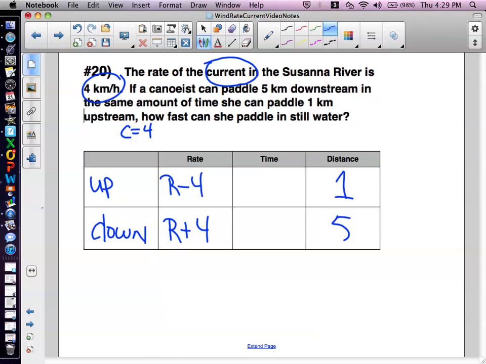So to set up the equations, remember time can be thought of as D over R. So time upstream would be 1 over R minus 4, and time downstream would be 5 over R plus 4. So I set up my ratios.